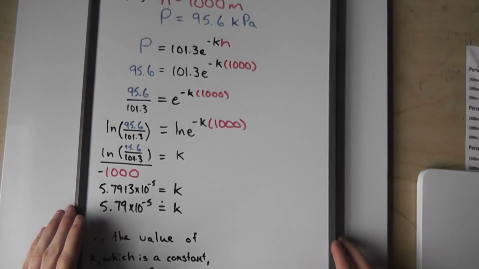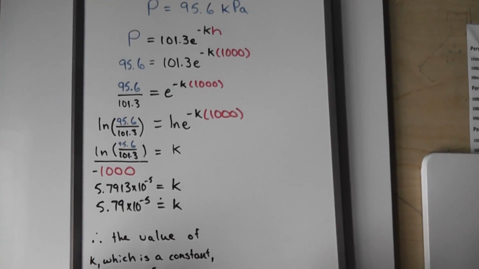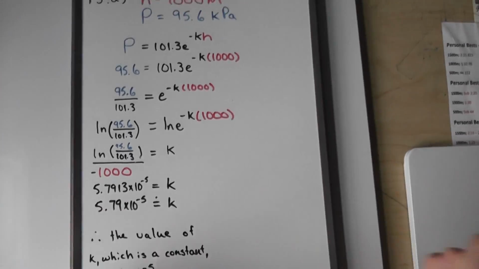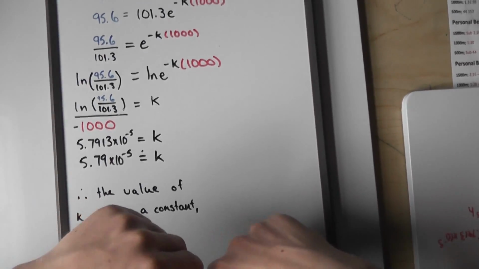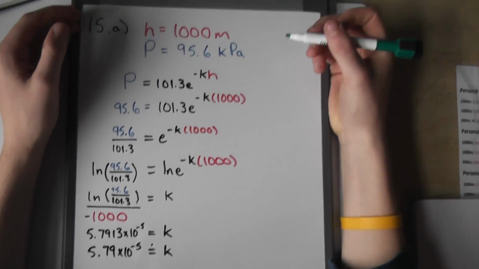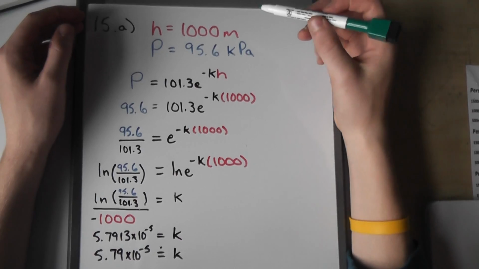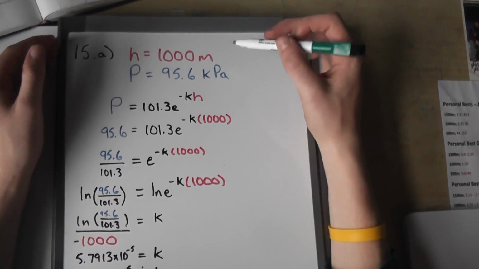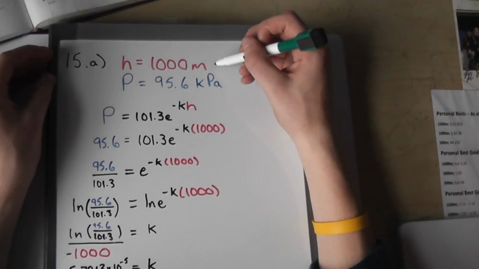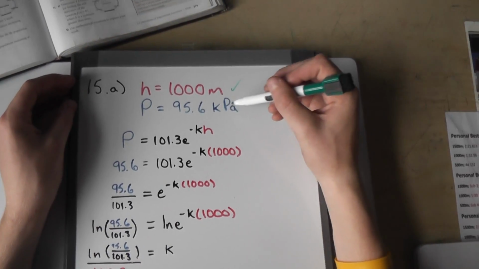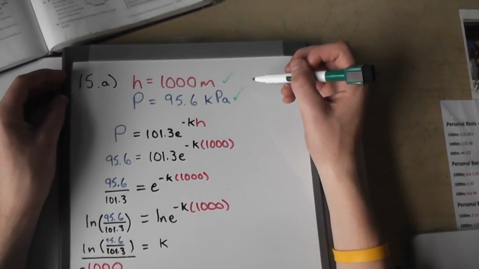So here we have our completed question and answer. We're going to go through each step to get a greater understanding of how we came up with this number for k. First, we want to write down our givens. We know the altitude, 1,000 meters. We know the pressure, 95.6 kilopascals.